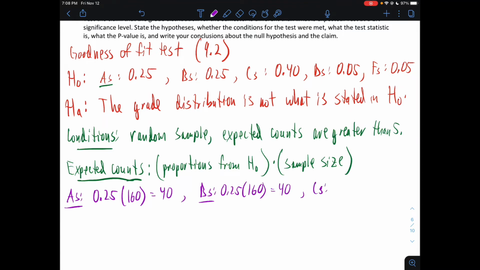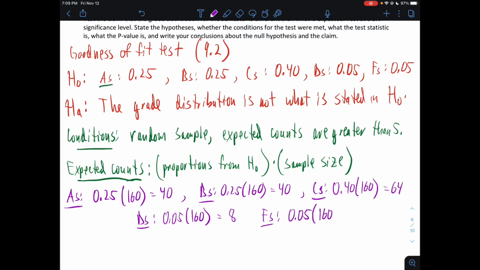C's, which would be 40% of 160, and that's 64. D's would be 5% of 160, which is 8, and then the same thing for F's. And you can verify that you got the right number of expected values by just checking that 40 plus 40 plus 64 plus 8 plus 8 adds back up to the grand total of 160, which they do.